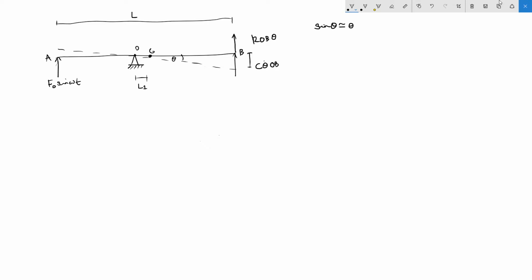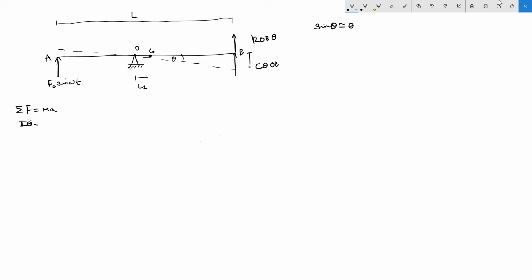As with any dynamics problem, this is going to be looking at the sum of the forces, which is equal to MA. As this is a rotational question, we're not going to be looking at F equals MA, but instead the rotational equivalent, which is I theta double dot, the inertia times the angular acceleration.